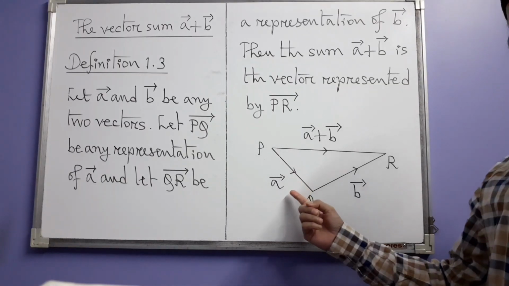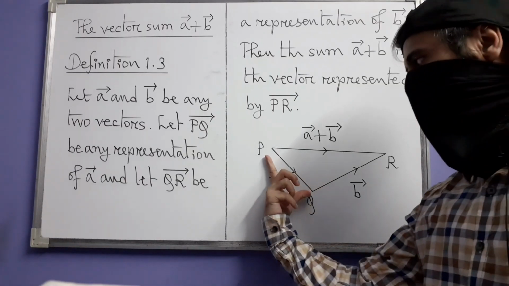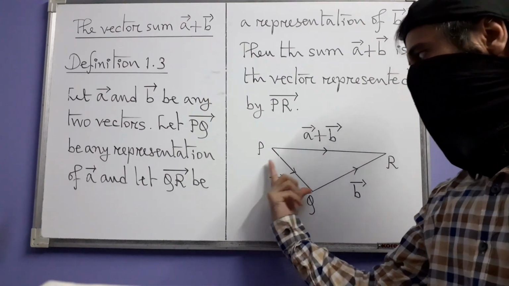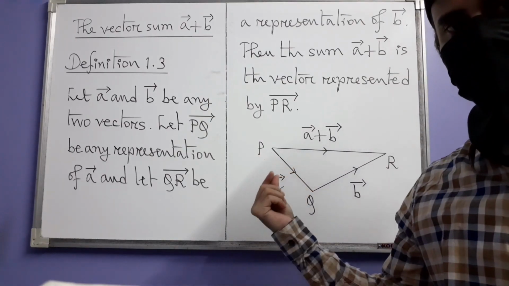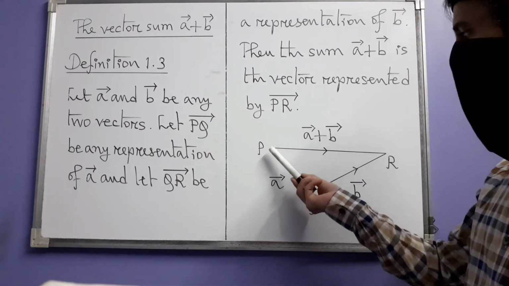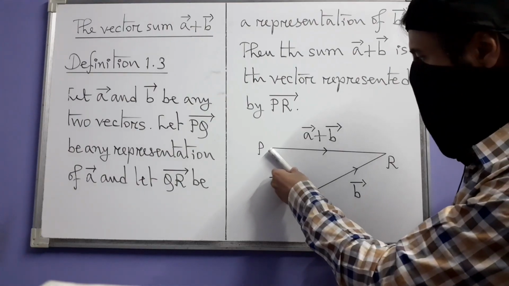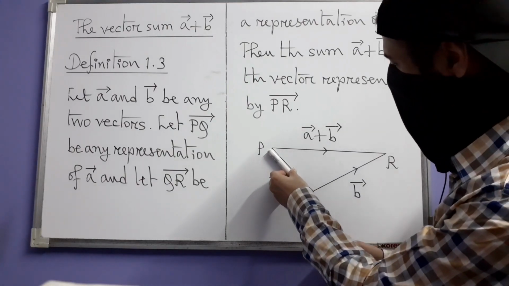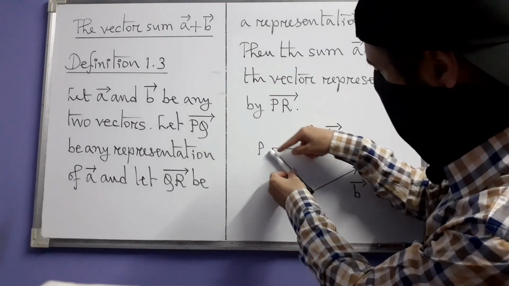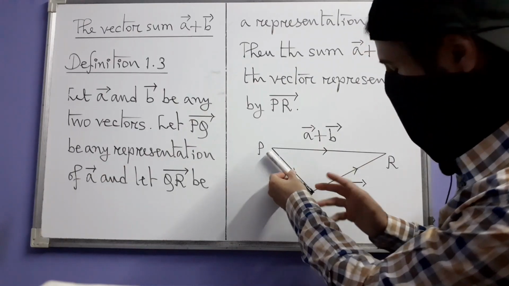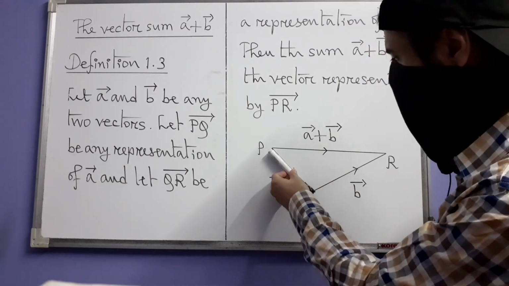You can see the figure here. I have used this directed line segment as a geometric representation of the abstract vector a.